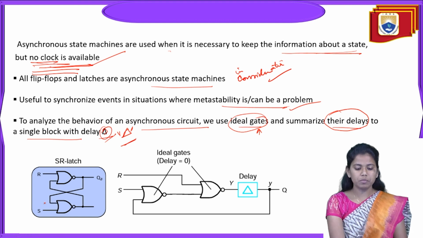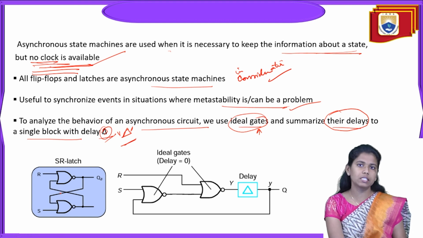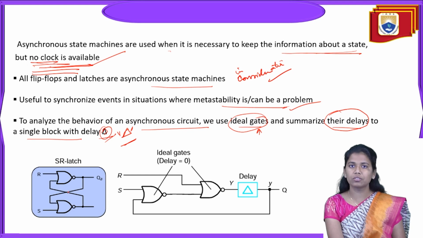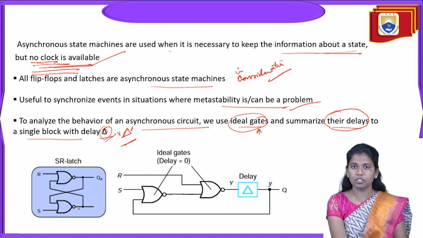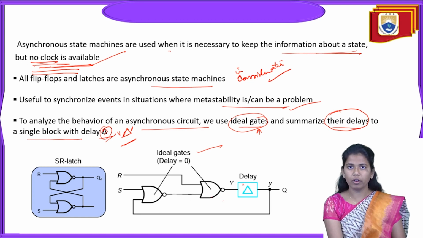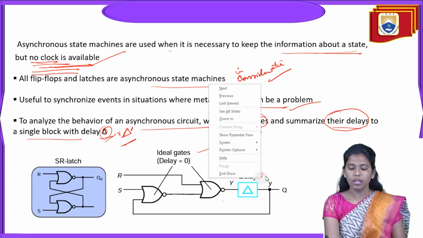Now if you observe, we have considered the SR latch, the set-reset latch. This is the block diagram of the SR latch, with reset and set inputs and the output Q. Here you see the ideal gates: a NOR gate followed by one more NOR gate, summarized with the delays.